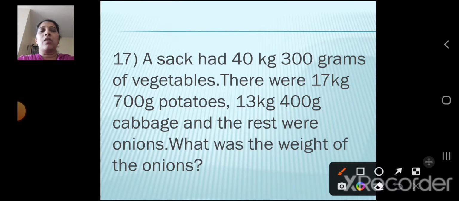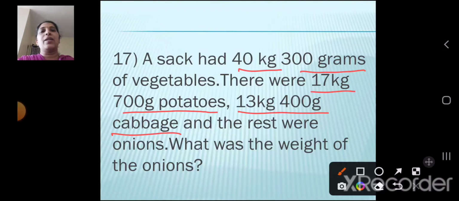So the total weight of these vegetables was 40 kg and 300 grams. Now what were these vegetables? There were 17 kgs 700 gram potatoes, right? And 13 kg 400 gram cabbage and the remaining were onions. So we have to find out what was the weight of the onions, right? What was the quantity of the onions present in it.